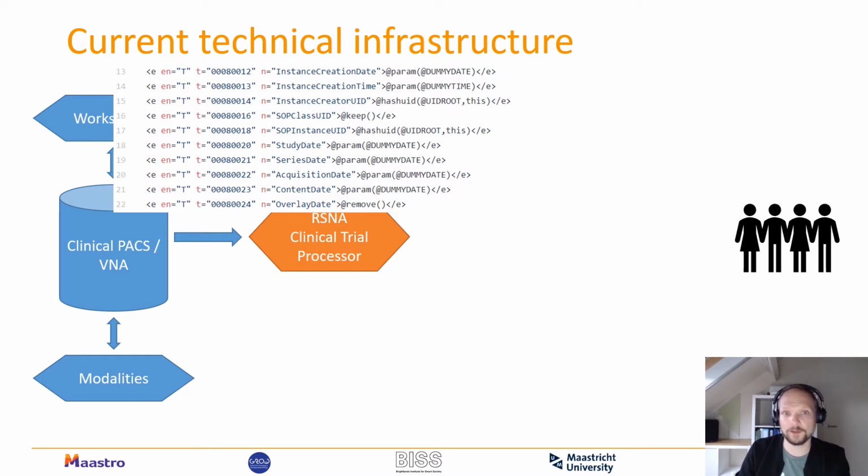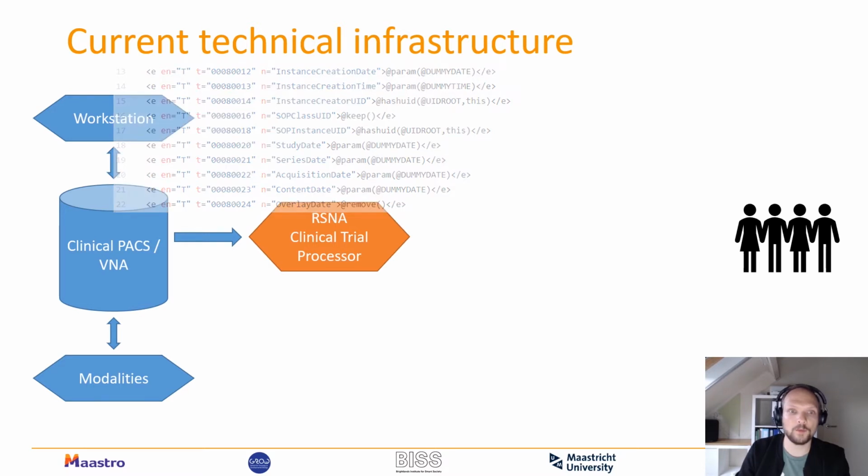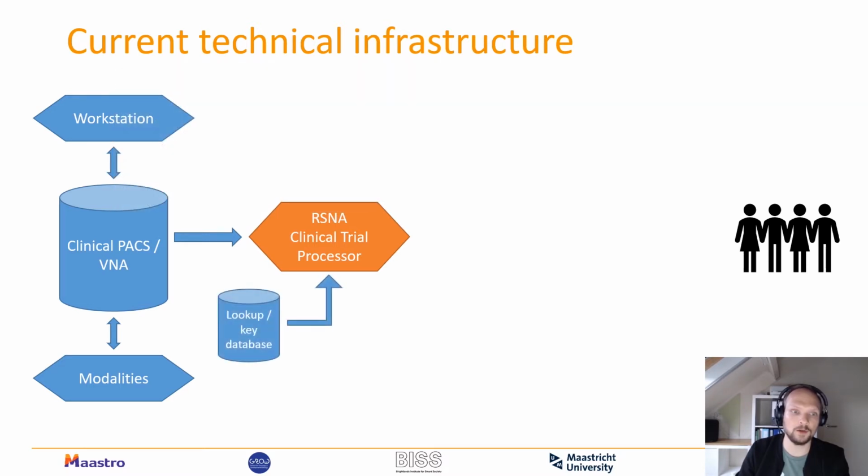For patient identifiers, for example, we can also use a lookup database with keys to identify the clinical patient identifiers and look up replacements, so that, for example, patient ID 12345 can be changed into patient XYZ.